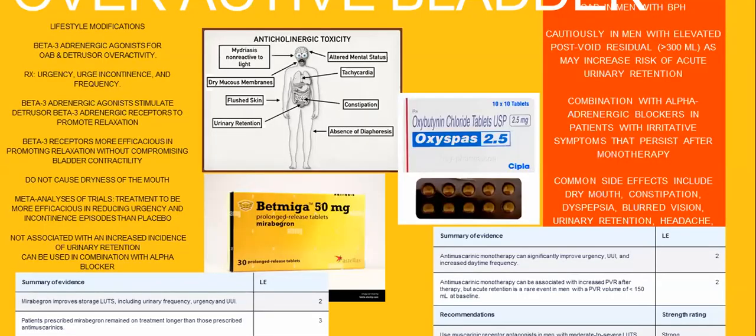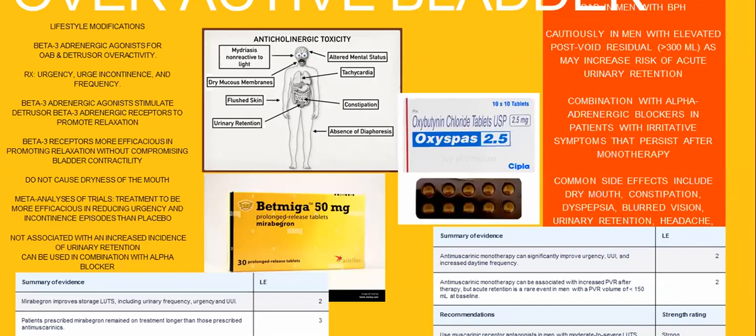Moving on to beta-3 adrenergic agonists for overactive bladder. They are effective for concomitant overactive bladder and its urodynamic manifestation, which is detrusor overactivity.